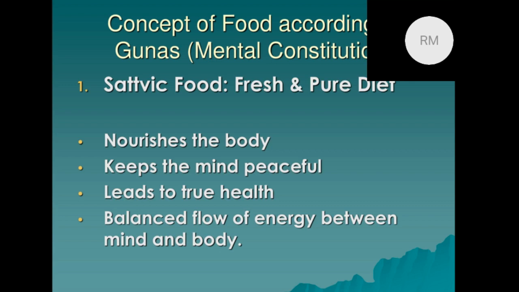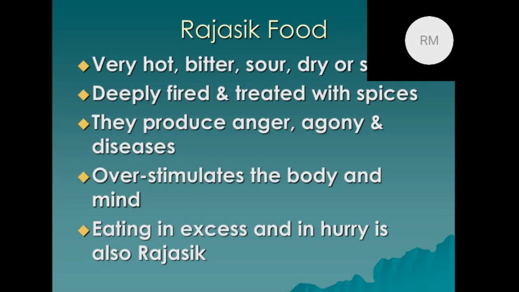Then we have what we call rajasic food: very spicy, stimulating, deep-fried food. Long-term use of these types of foods can promote stress, and they overstimulate the body and mind. This is called rajasic. Most of the fast food and junk food that we eat today come under the rajasic category.